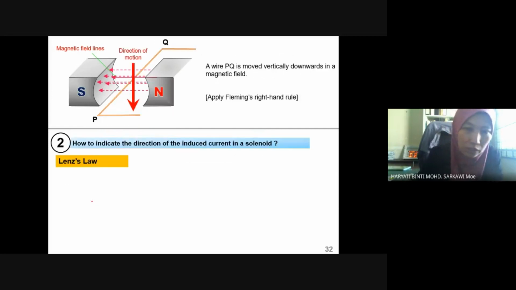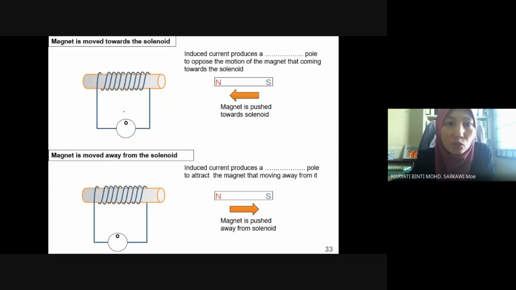Okay, I'll give you this example, it will be better. Now you see this is a zero-centered galvanometer pointer. It can move to the left or to the right. When this magnet is pushed towards the solenoid, north pole moving towards the solenoid, first there is no deflection, the pointer is at zero.